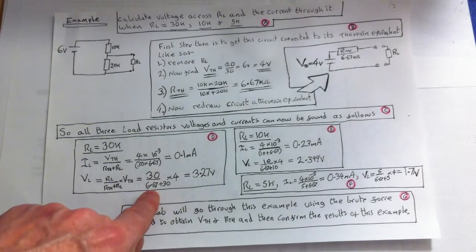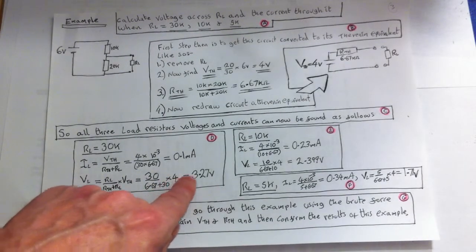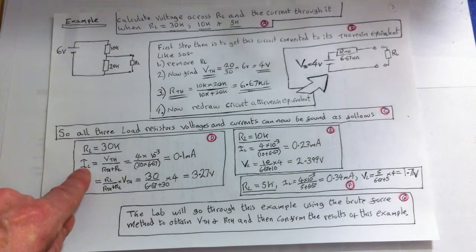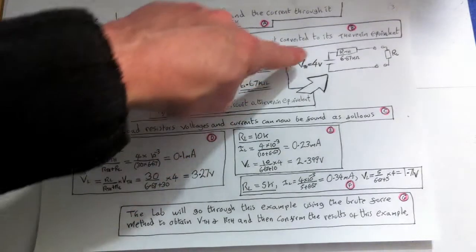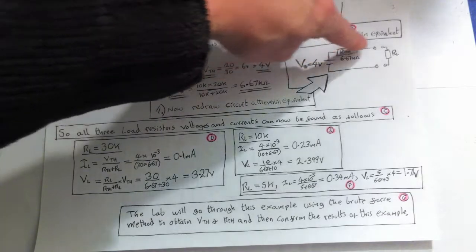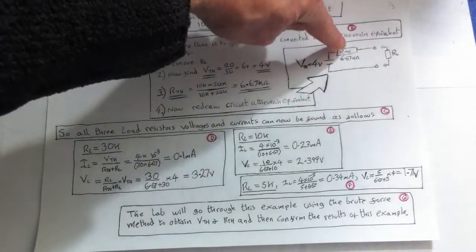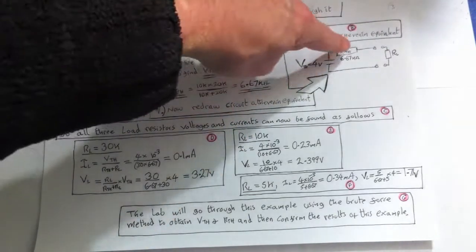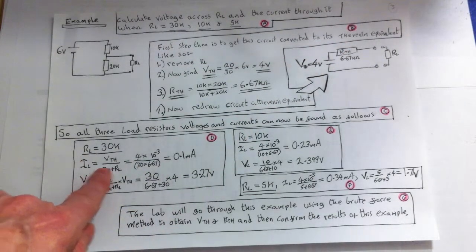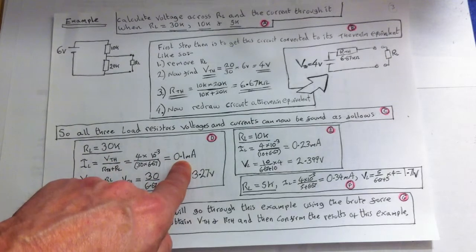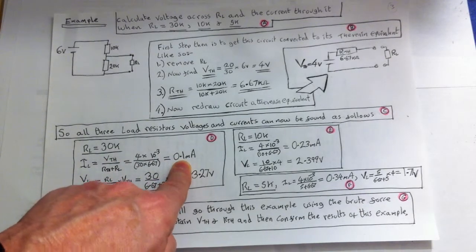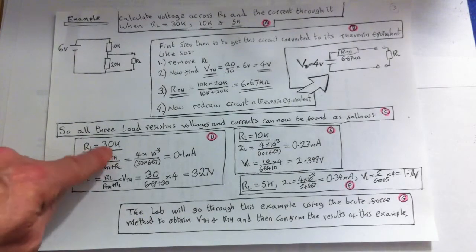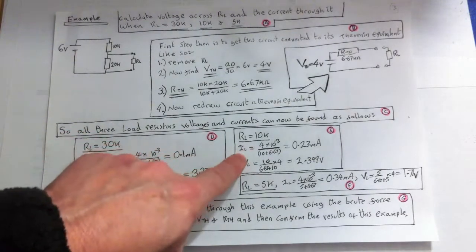So it's 30 over 6.7 plus 30, times 4, equals 3.27 volts. And for the current that runs through it, that's just VTH divided by the total resistance, RTH plus RL. That gives us 0.1 milliamps. So we found both the current and the voltage for 30k.